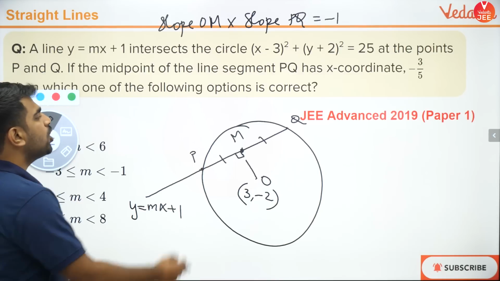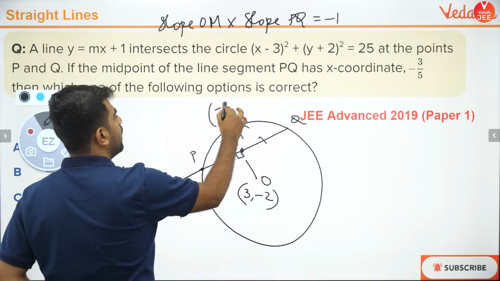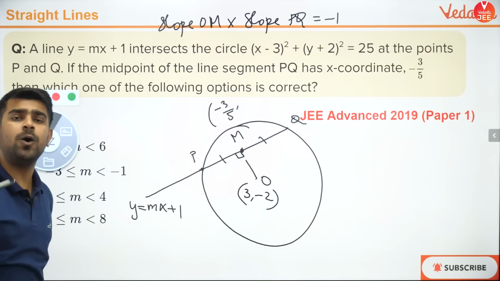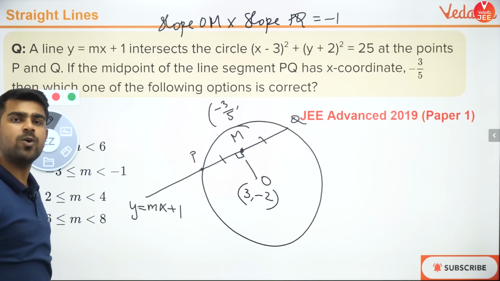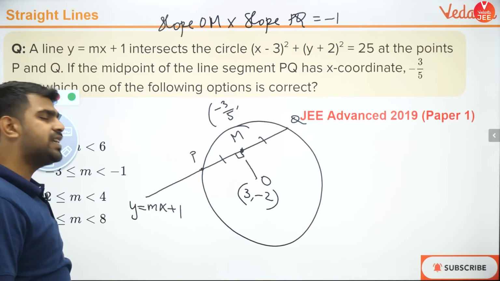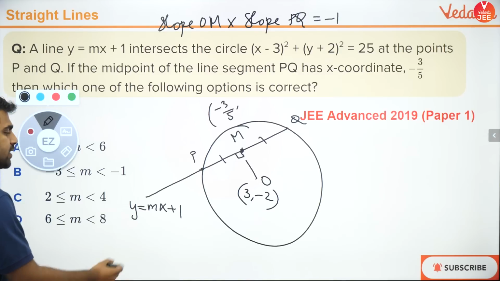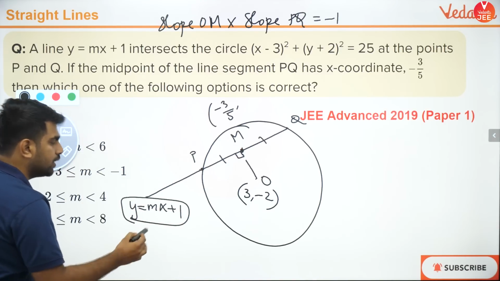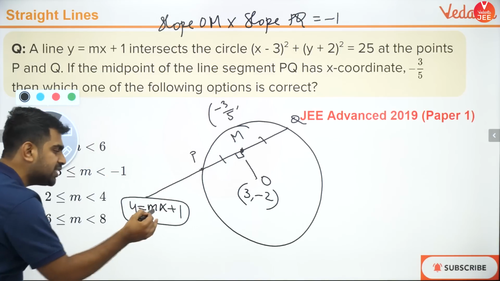Now, I know that the x coordinate of M is minus 3 by 5. The y coordinate I do not know. But guys, we can get it in terms of m because this line is y equal to mx plus 1, and we know that M lies on this line.